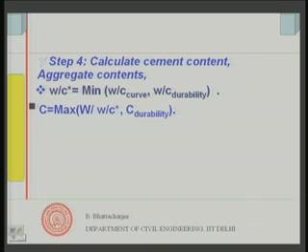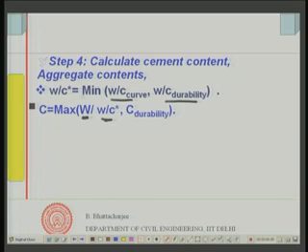The water content W is known to me now. Water cement ratio I have decided, one from the curve and one from durability, whichever is lower. That is why I have written minimum. Since the water cement ratio star is known to me, W divided by the water cement ratio will give me the cement content.